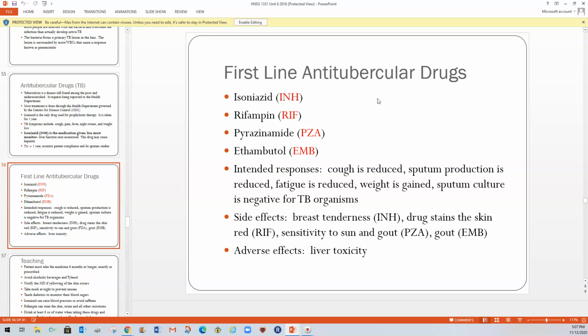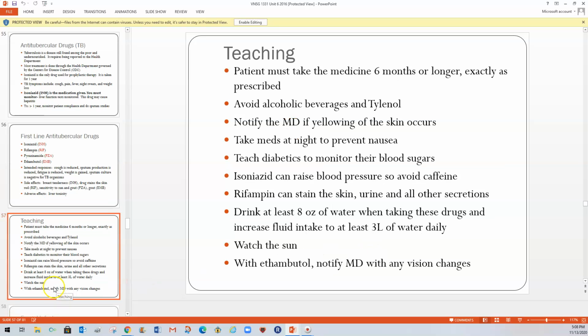These first-line drugs are INH, rifampin, PZA, and EMB. We want their cough to be reduced, sputum production reduced, fatigue better, weight gained, and sputum culture negative.